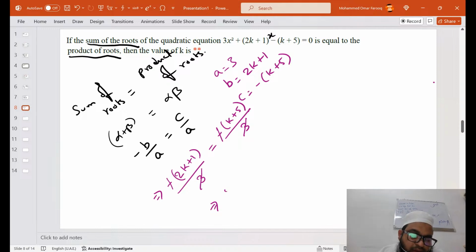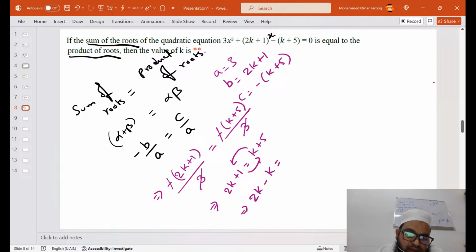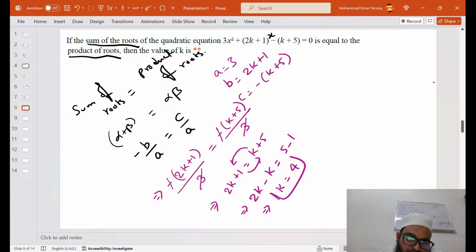So what is left out? 2k plus 1 is equal to k plus 5. So when I transpose k here, that implies 2k minus k is equal to 5 minus 1. What is 2k minus k? It is 1k is equal to 5 minus 1, which is 4. So therefore k is equal to 4. Understood?